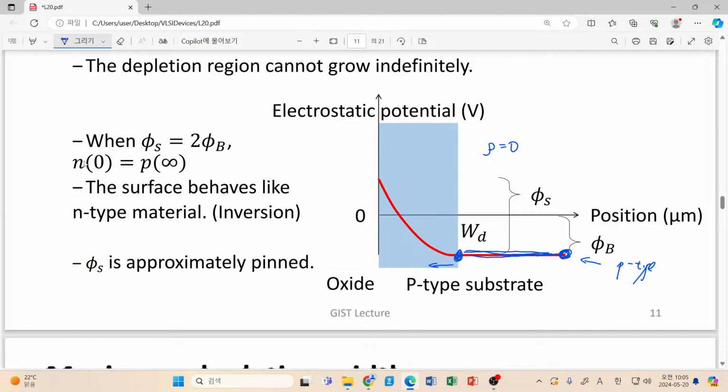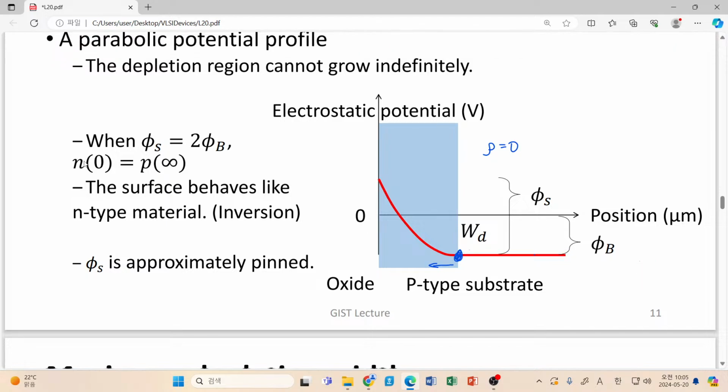Now if I ask you how many holes are there, your answer should be that at this point hole density is given by Ni times exponential of phi b divided by kBT over q. That will be your answer.